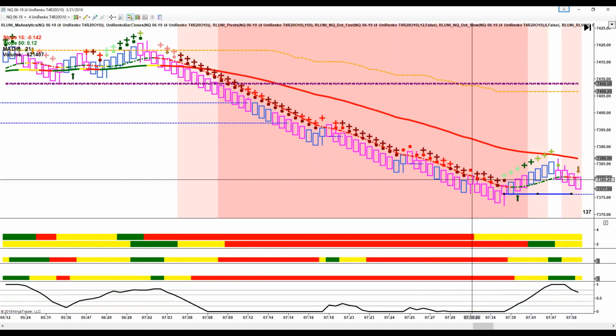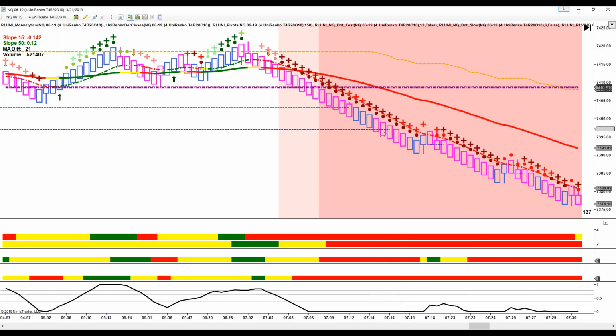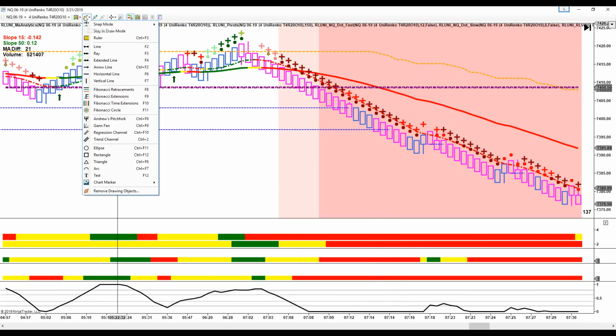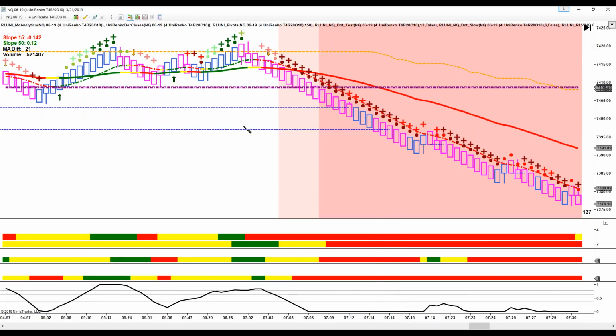Now, the only thing that takes out a pivot is not a price breach. It's a 2/3 candle close below the pivot. That's the breaker. Not this candle, not this candle.